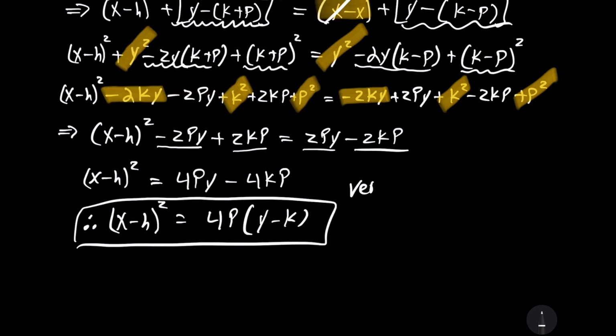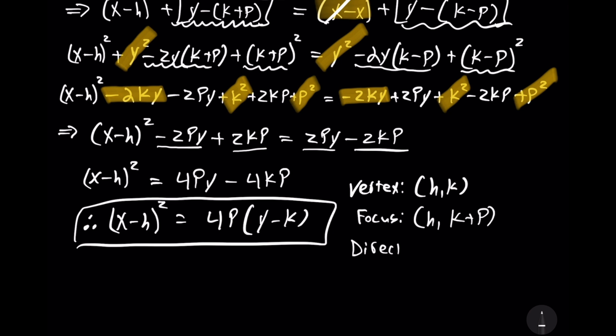The vertex is at (h, k). We can also note that the focus will be at (h, k plus p). Moreover, the directrix will be at y is equal to k minus p.